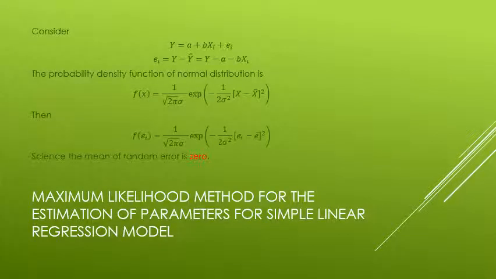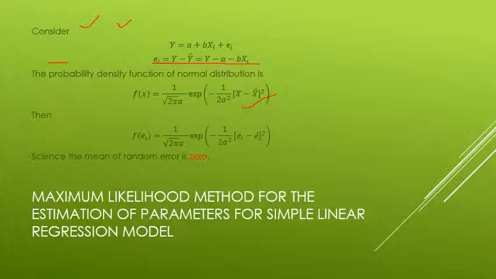Now, in this topic, we are going to estimate the parameters of the simple linear regression model using the maximum likelihood method. So, we will start from the model we already know: Y equals a plus b xi plus ei, which is the simple linear regression model.